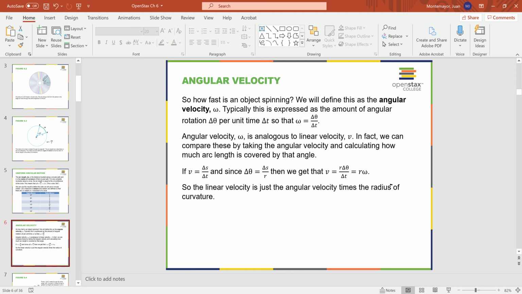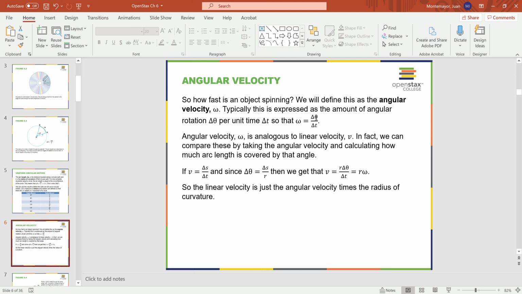In fact, we can compare these by taking the angular velocity and calculating how much arc length is covered by that angle. So if we're talking about arc length, we have to bring in our delta s, as we do here. So our v is equal to delta s over delta t. And since delta theta is equal to delta s over r, we're going to substitute that delta s there. So we get v is equal to r delta theta over delta t.